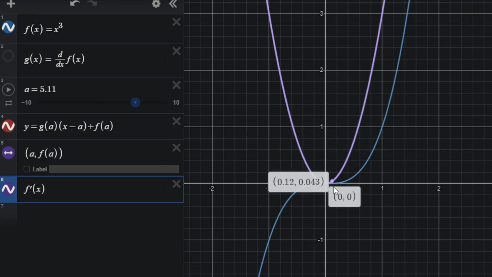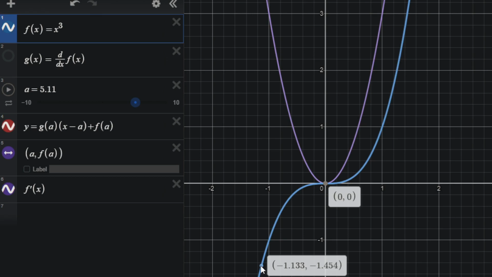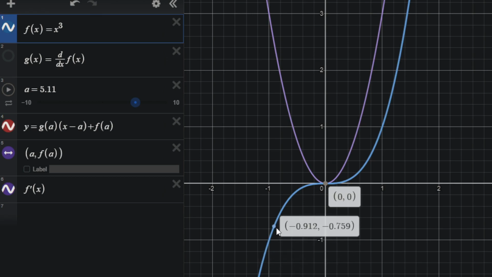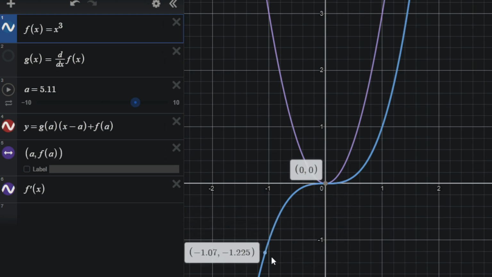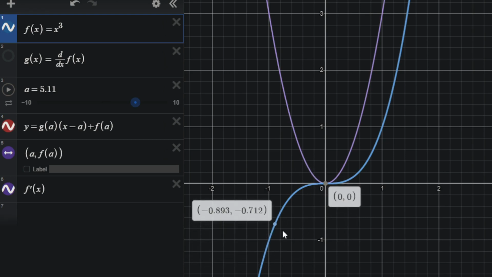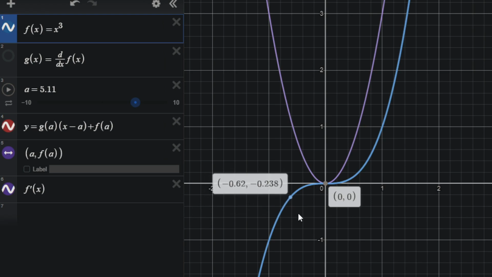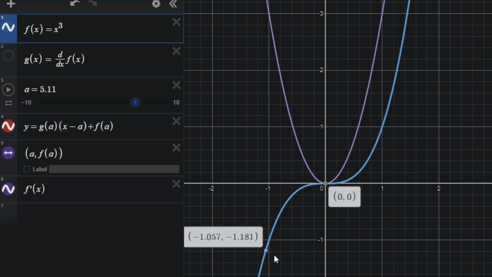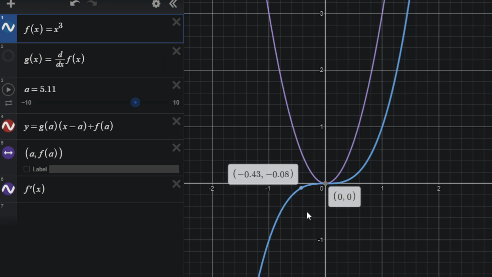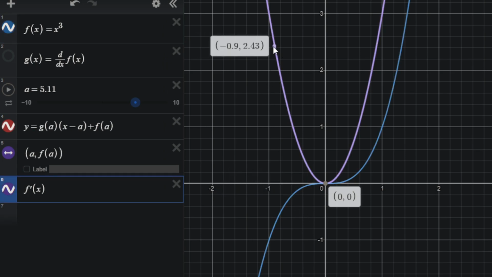This means that the original function is increasing as we get to 0, but the amount that it's increasing by keeps decreasing, right? It's increasing by less and less as we keep going on. Till here, it's getting pretty flat. It's not increasing by very much up here.